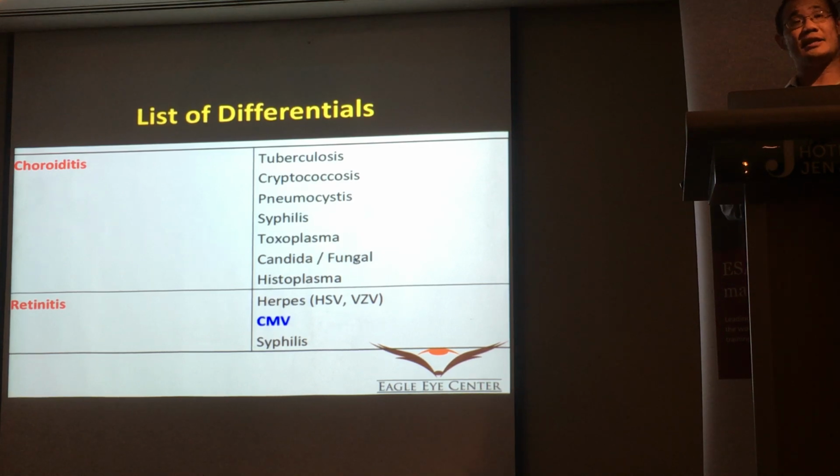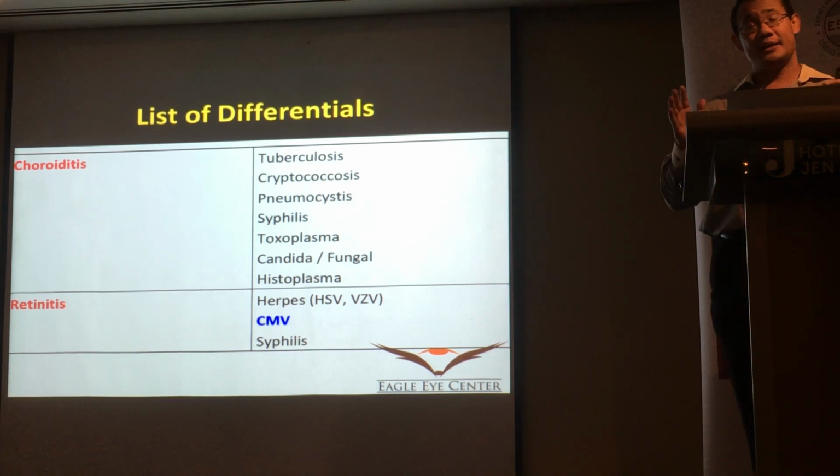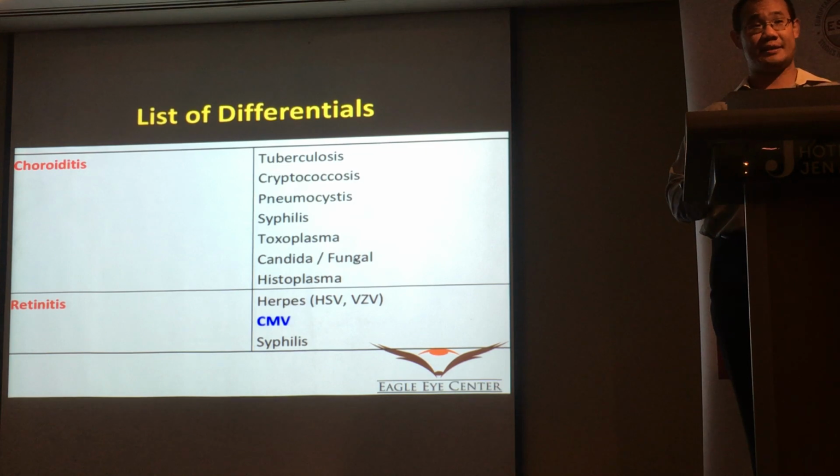Again, the list is not exhaustive, but these are some of the common ones. If you have retinitis, think of the herpes family before anything else: HSV, VZV, CMV, it can also be syphilis as well. So broadly, if you eyeball it, the kind of lesions you see may point you towards how you want to investigate.